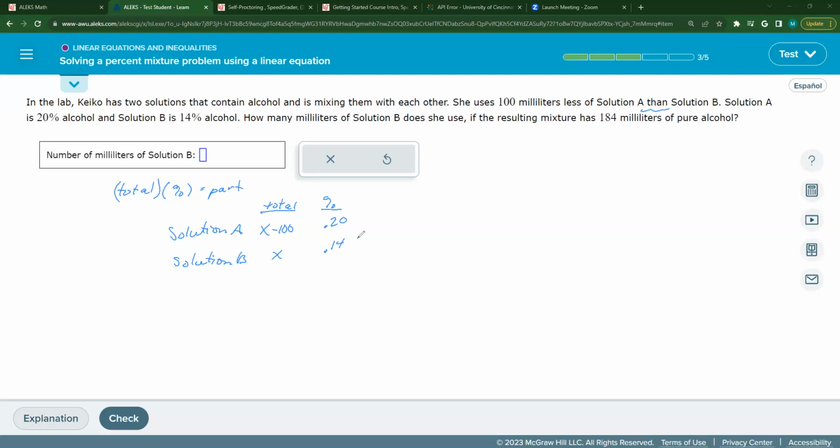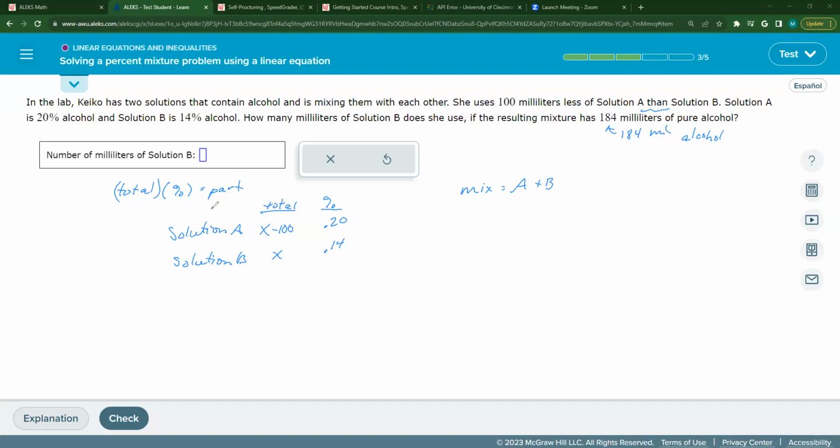So the percent of the final result is going to be 100%. So the total, so the mix equals A plus B. And I need 184 milliliters alcohol.